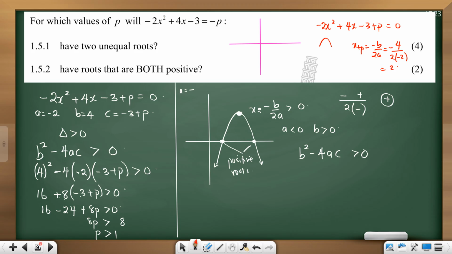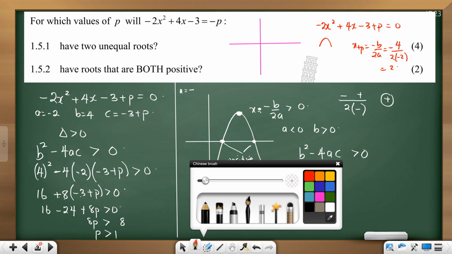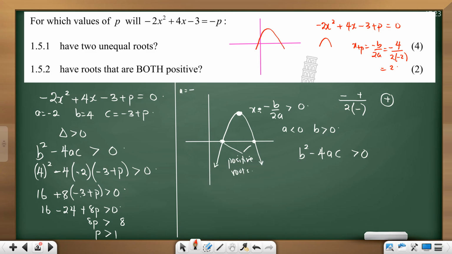All right. And my c really doesn't. Does it matter? Does it matter? Okay, please watch this. We have to deduce. If my c is greater than 0, look at the graph. Please watch. If my c is a positive, then the graph would look like this.